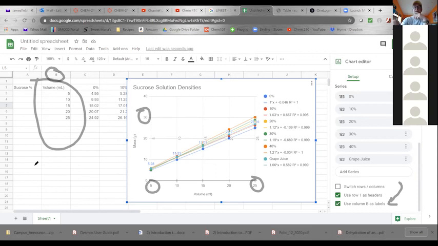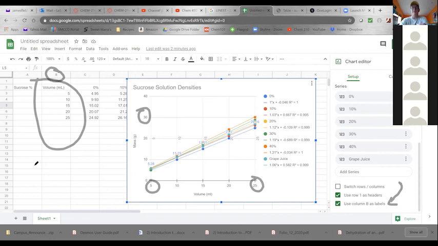So you can see that with 0%, which is just water, what's my slope? One x plus negative 0.046. So what's the slope? Oh, the slope would be 1.